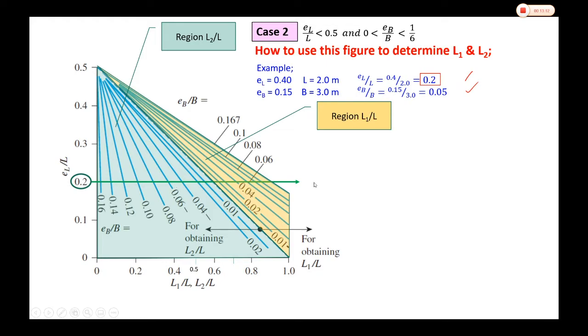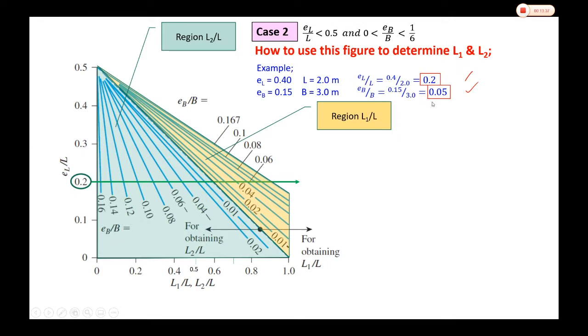Then we need to refer to EB over B. EB over B at the top on the right side is for the region to get L1 over L, and EB over B at the lower part on the left side is to get the L2 over L.